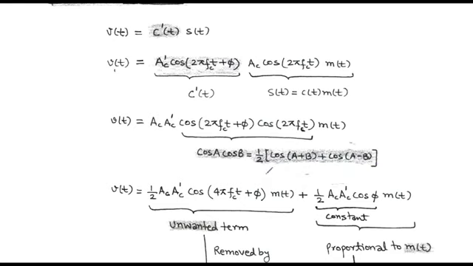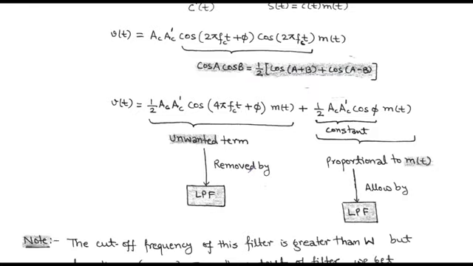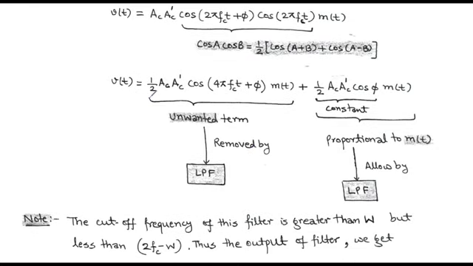Now we use this formula and we get two terms. First term is 1 upon 2 AC into AC dash cos within bracket 4 pi fct plus phi into mt, and the second term is 1 upon 2 AC into AC dash cos phi into mt. Here we see that the first term contains 4 pi fct, that is a higher frequency component.